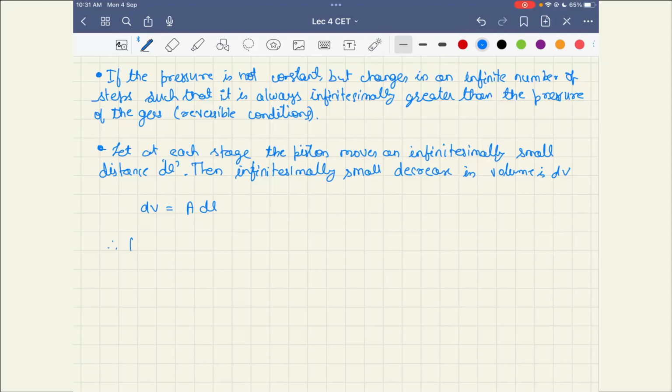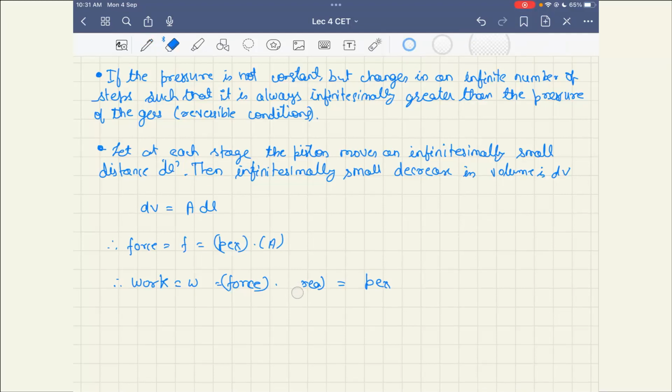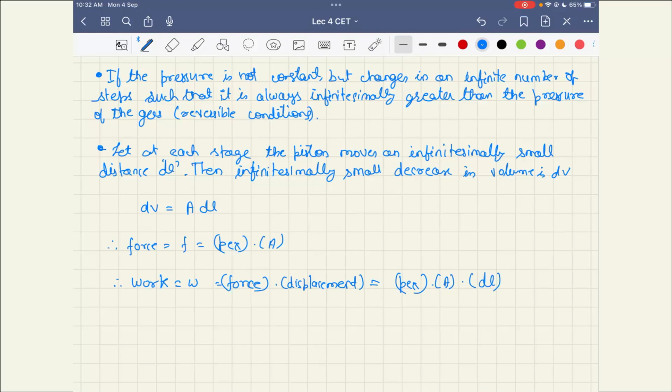Therefore force F is nothing but, we have seen that it is going to be P external multiplied by A. Therefore work is going to be nothing but force into displacement, which is P external into A into dl, right?